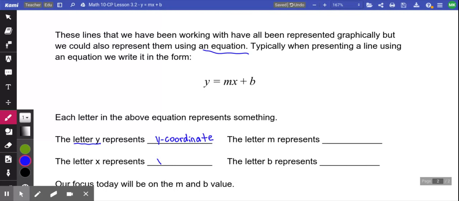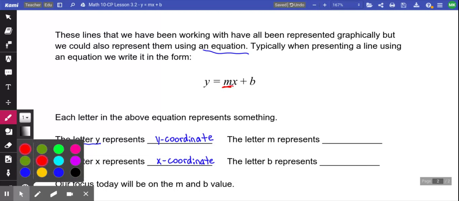The x value represents the x coordinate. So depending where you are on the line, those values can mean different things because the x and the y coordinates are always changing. We call them variables. The m value, though, and the b value aren't changing. These things will always be the same. The m variable represents the slope of the line, while the b variable represents the y-intercept of a line.